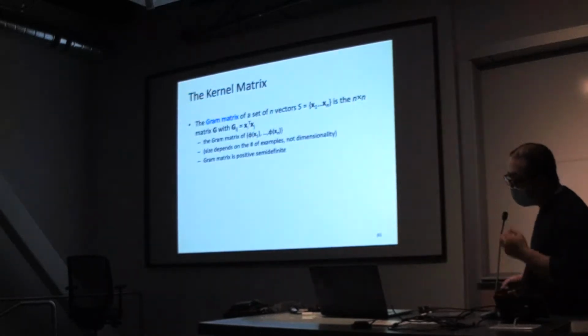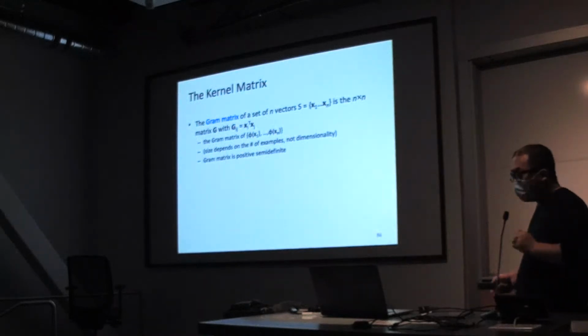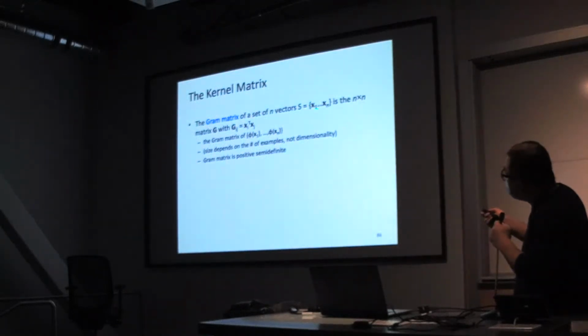Now, what's the definition of the Gram matrix? For any finite set of vectors x1 to xn, we can construct an n by n matrix G, where each element Gij, the element at the ith row and jth column, is computed by the inner product between xi and xj.